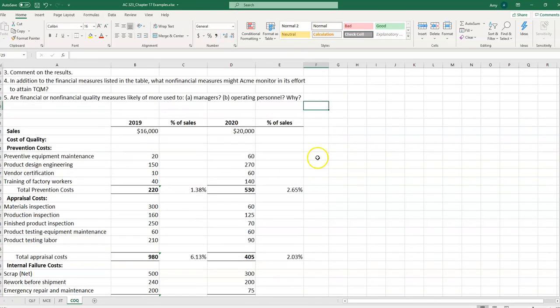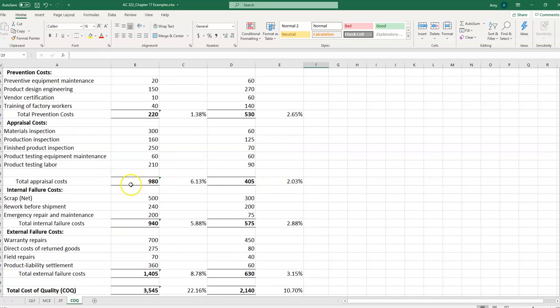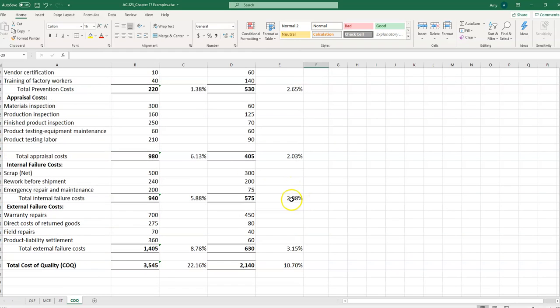And what we can see here is that we've more than doubled our prevention costs, and we've seen a big reduction in appraisal costs and internal failure costs and external failure costs. So that is what we would hope to see.